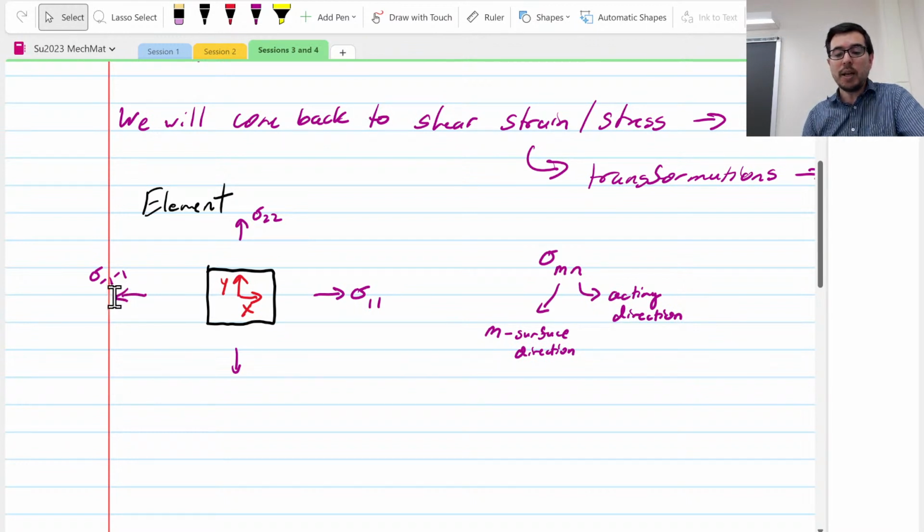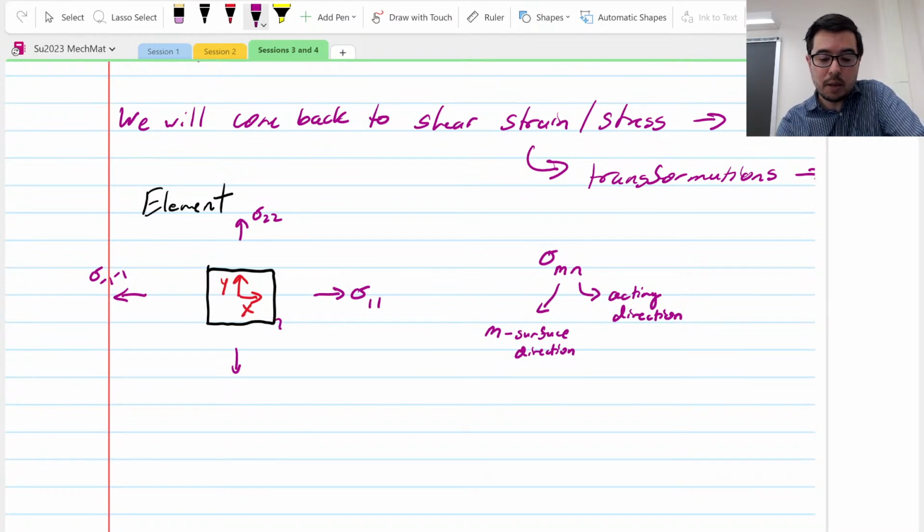But if we look at equilibrium here, this has some very small area. This is actually a three-dimensional element that we're only looking at in 2D. If we said this had some delta A, then sigma 1,1 delta A minus sigma minus 1 delta A would equal 0.